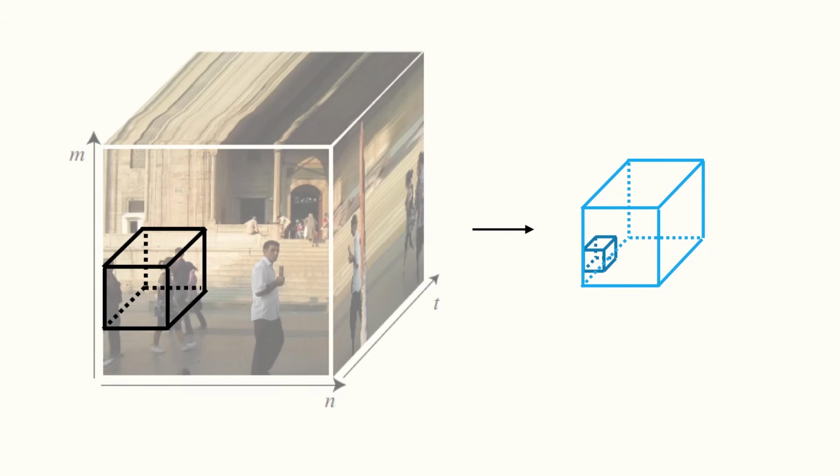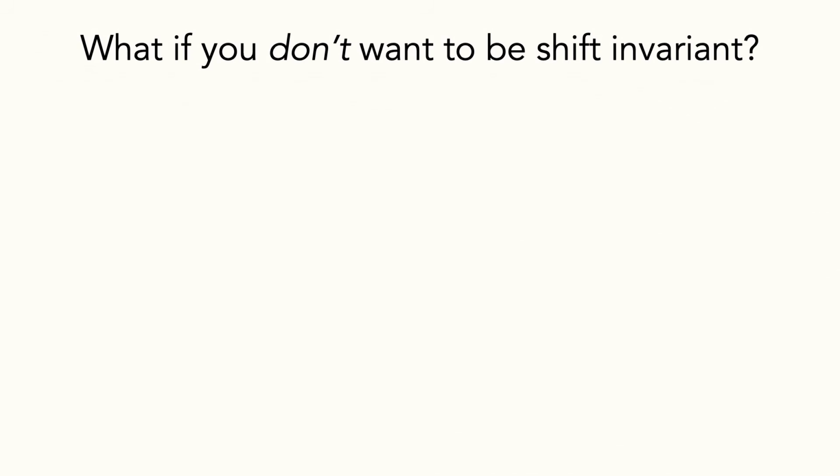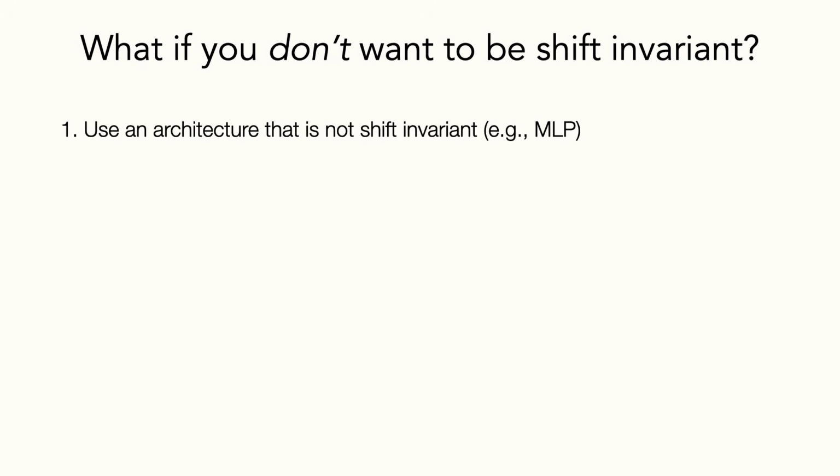That translation invariance is not something you always want. So if you don't want to be shift invariant, there's a couple different approaches we can use. One, use an architecture that's not shift invariant. So something like an MLP, there the position in time would matter. But like we said, it's quite difficult to get these MLPs to learn really complex functions without almost infinite data.